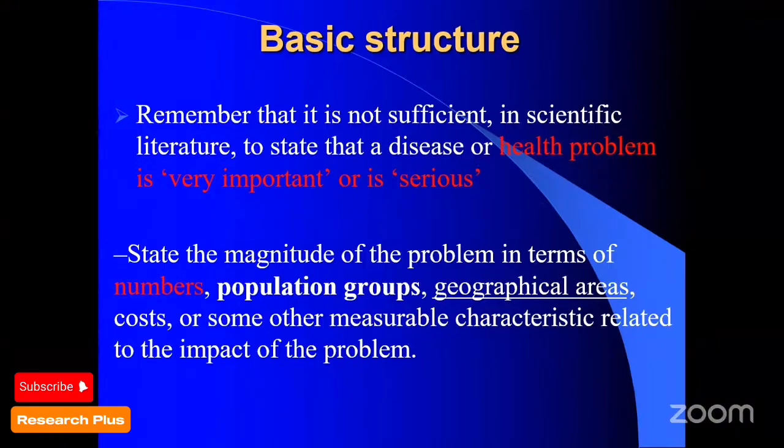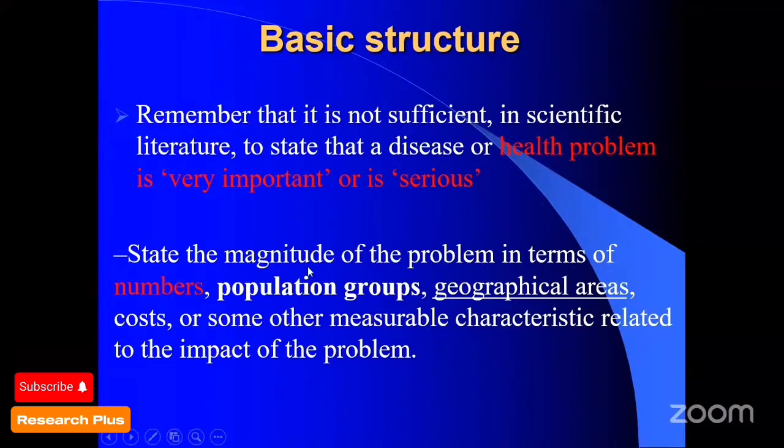It doesn't communicate anything. And some of us, that's how we start the introduction of most of our papers, saying something is serious, very important, or a major health problem. You've not really communicated any major issue as far as that condition is concerned.